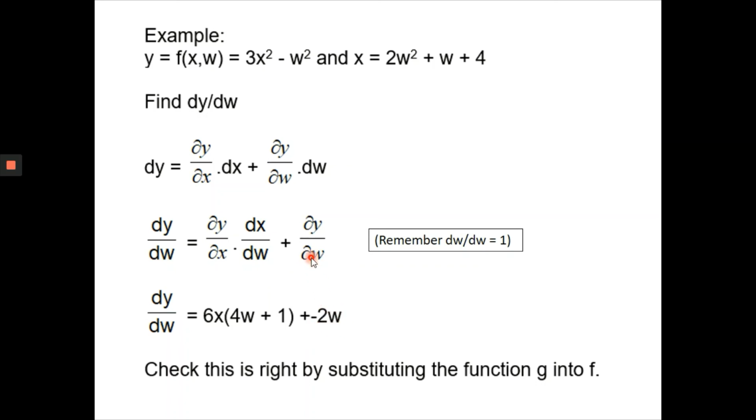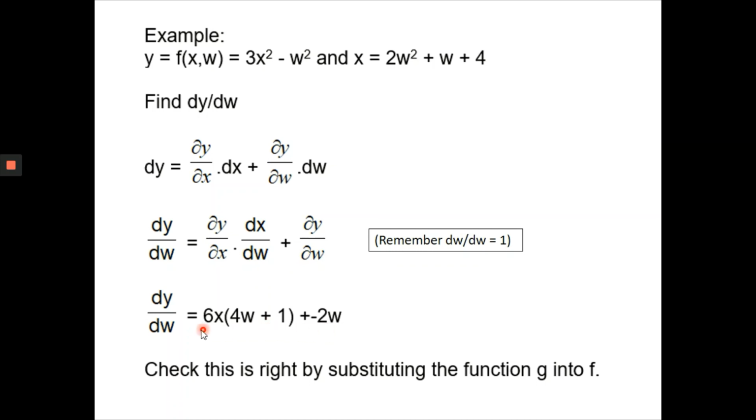Okay, so just to recap, this here, 6x, here, 4w plus 1, this here, minus 2w. Okay, and there we have it, the total derivative, dy/dw.